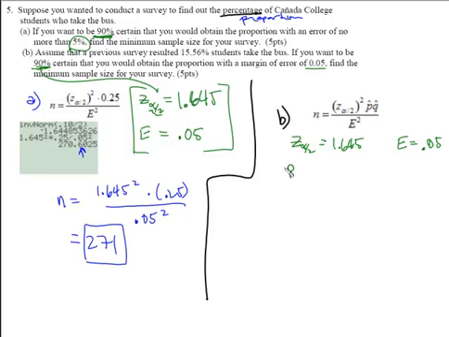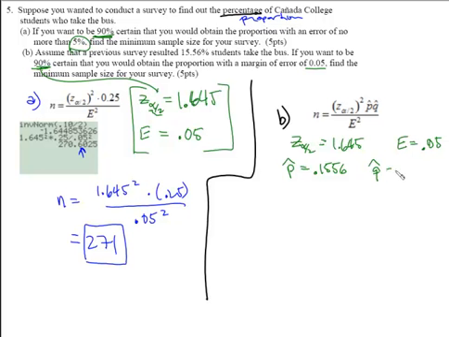And now we have two other things that we need to include. We have our p, which is in percentage, so we just want to make sure that we write that as a decimal.